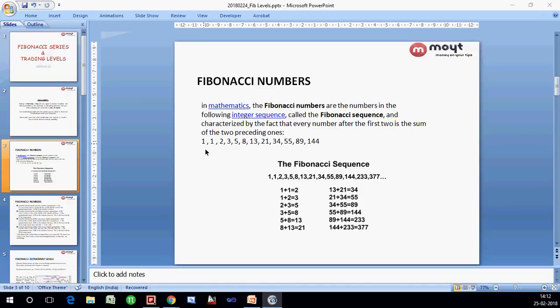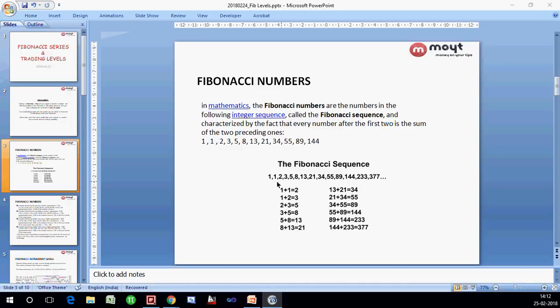So what is a sequence? This is 1 plus 1 is 2, 1 plus 2 is 3, then 3 plus 2 is 5, 5 plus 3 is 8. So what is so special about this series? You would ask why we are understanding this series.